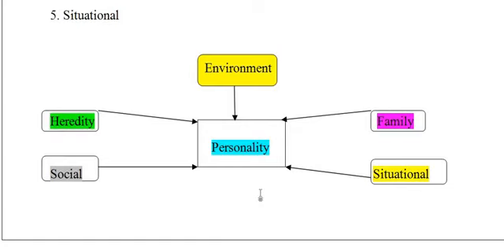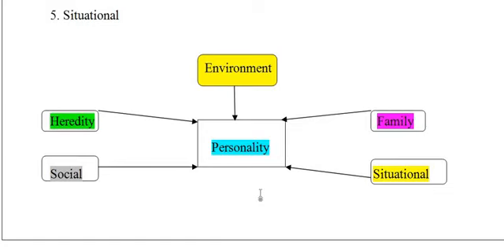Next, environment. The environment includes factors such as culture, which influences norms, attitudes and values that are passed along from one generation to the next, and creates consistencies over time.